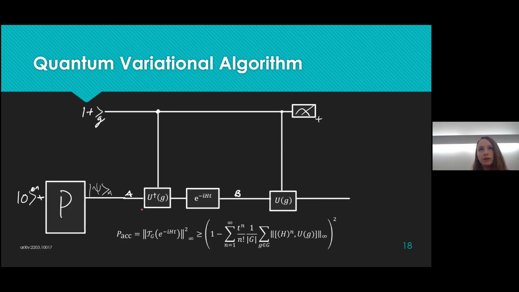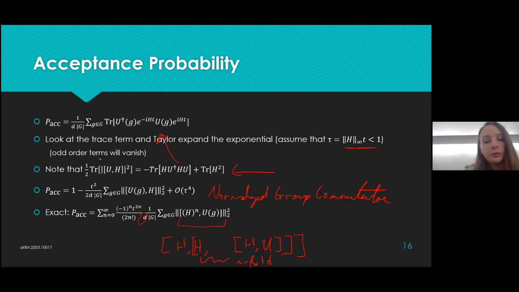And so the way you model this for complexity theoretic approaches is you consider that you have some prover, which is indicated here by P, who has infinite computational resources, and so can always pick the best pure state to go in. And you get an acceptance probability that depends on the twirl of your operator, where the twirl is basically this quantity here. So we call this the twirl.